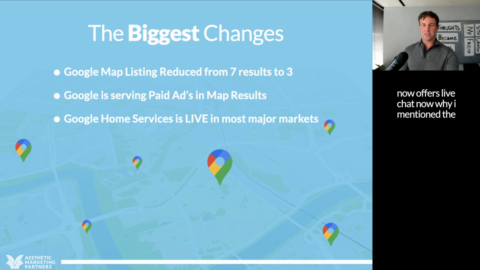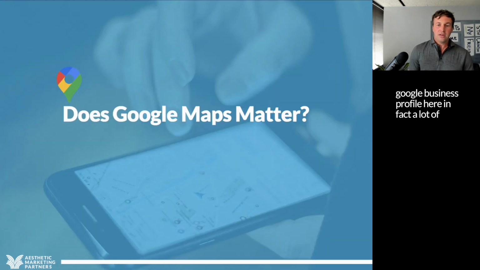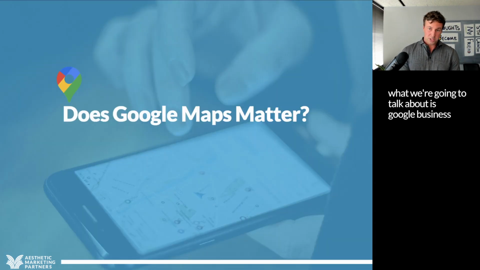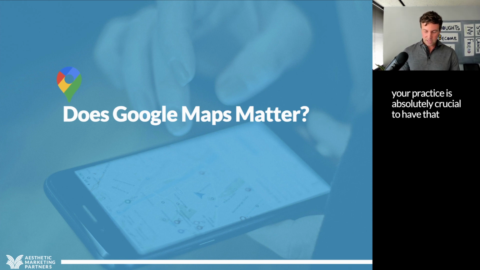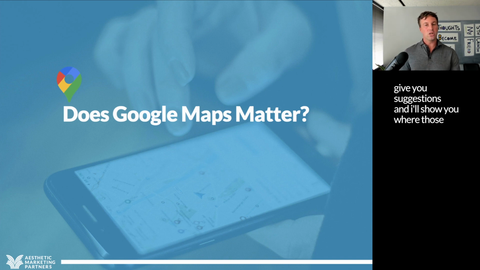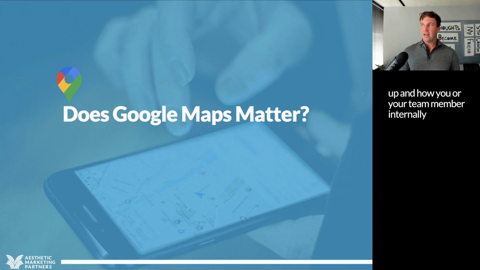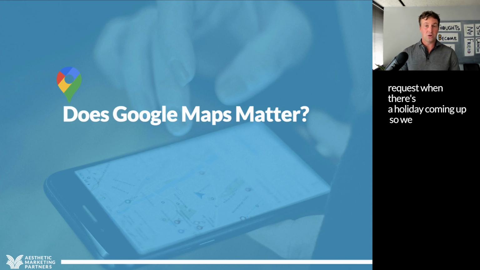Now, the reason I mention the Google Business Profile, and a lot of what we're going to talk about is the Google Business Profile, is that the profile for your practice is absolutely crucial to have optimized. What we're seeing now is that basically every month there are constant updates and they give you suggestions. I'll show you where those suggestions sit in one of the next slides, and how you or a team member internally can make small updates, such as when they request your hours for an upcoming holiday.